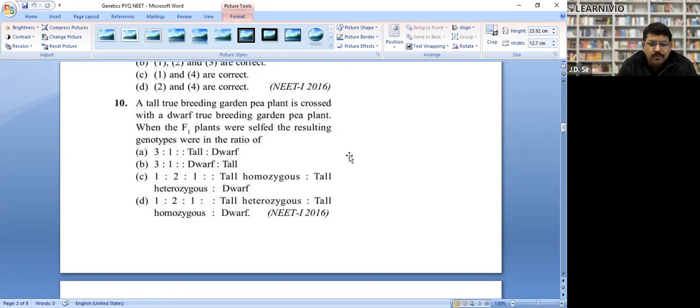What is the genotypic ratio? It is asking about the F2 ratio, the F2 genotype.